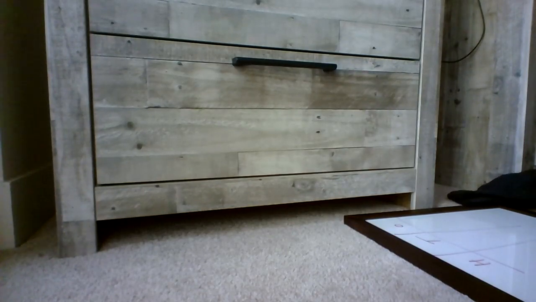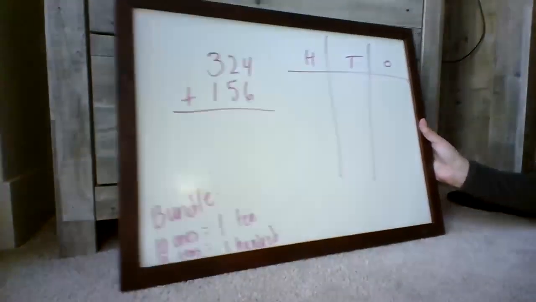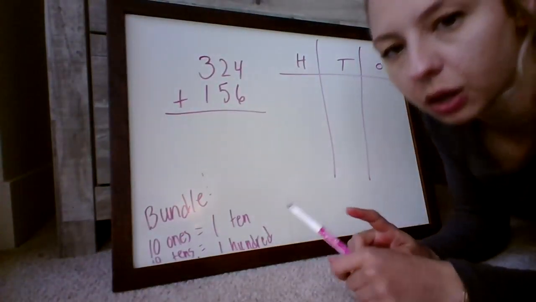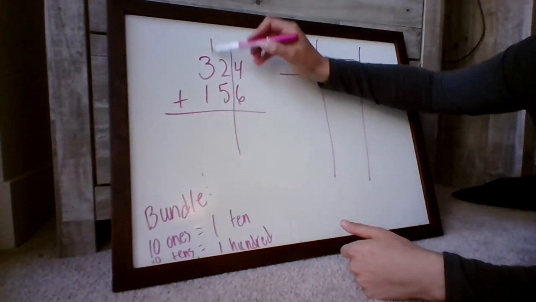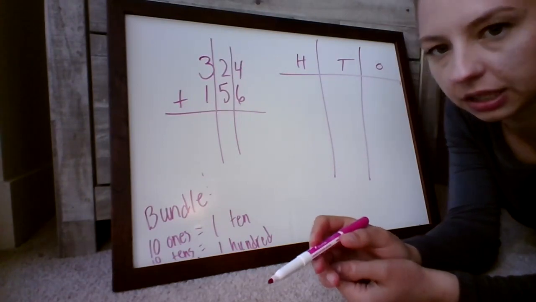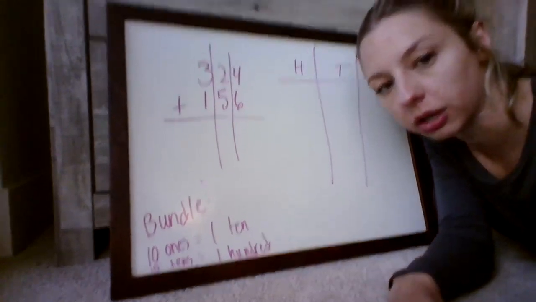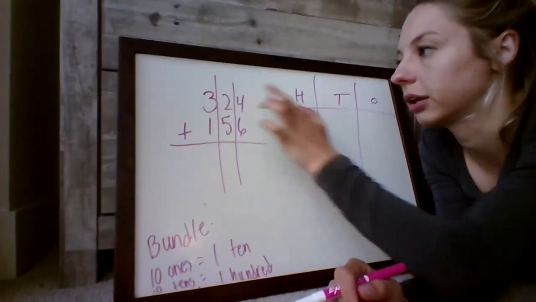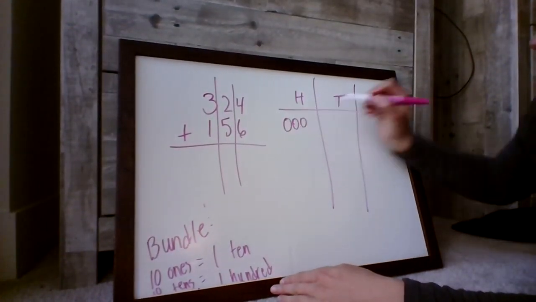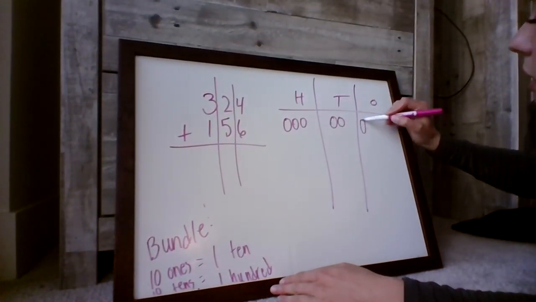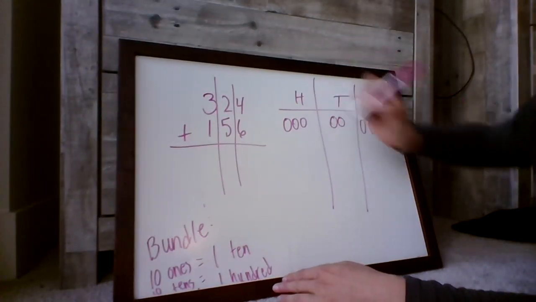Okay, my friends. Here we go. Now, more of a tricky one. We have 324 plus 156. What are we going to start by drawing first? Well, we start drawing the top number, the big number, 324.